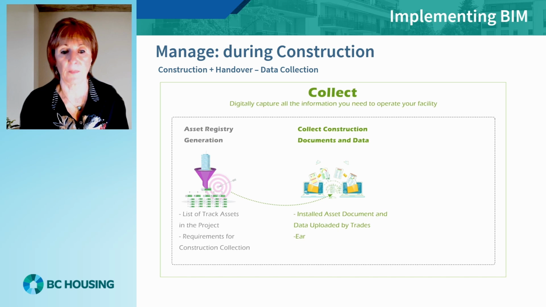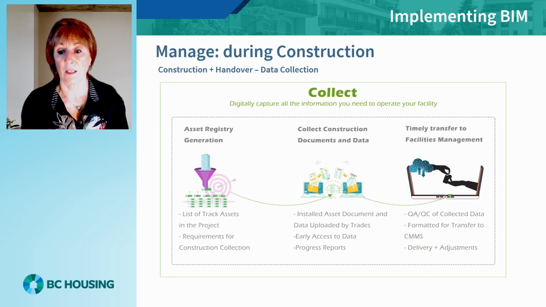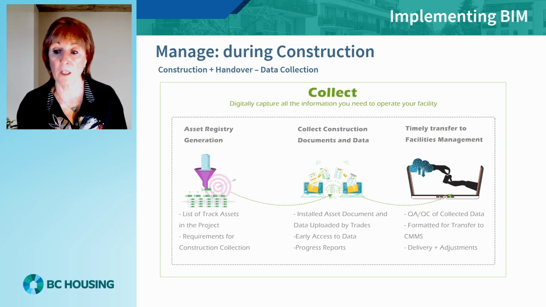For example, serial number, warranty duration, warranty certificates, etc. At what point in time will the operations team be able to access the information to develop preventative maintenance plans? How will the quality and completeness of the provided information be checked? How and when will the data and document transfer to FM teams to support the life cycle occur? It should be no later than handover of the facility.